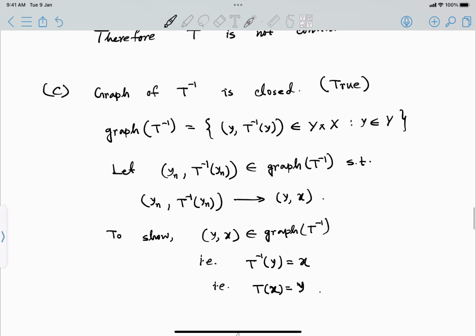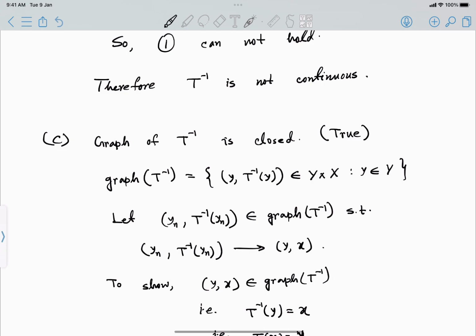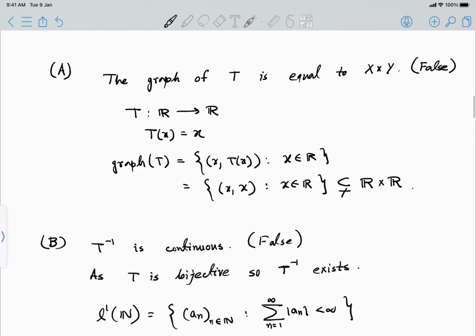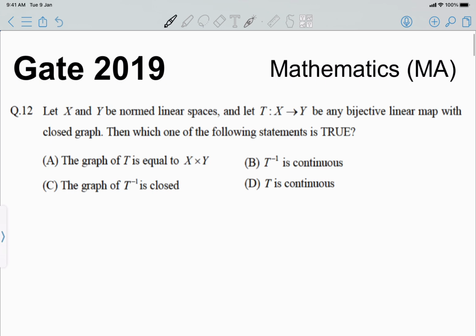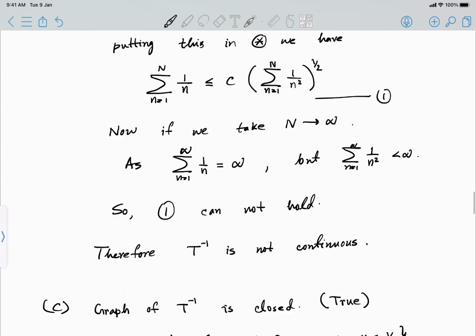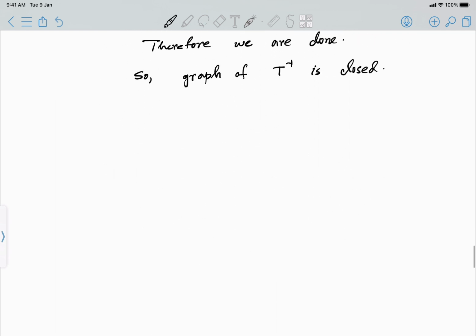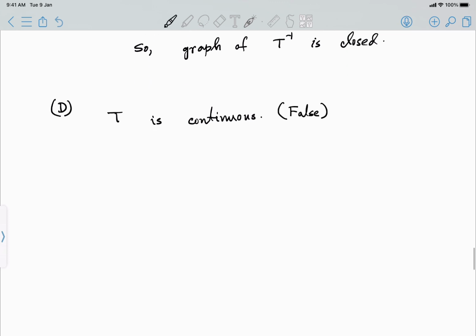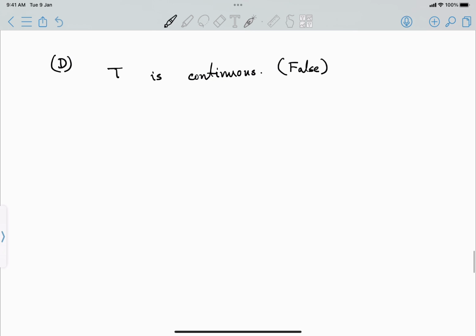Okay. So we have shown that the graph of T inverse is closed. So this is true. Now what is the last option? T is continuous. So again we show that this is not true. As earlier, let's take the same example.